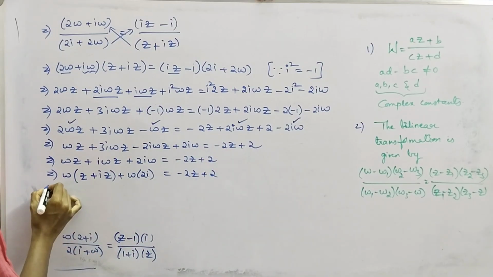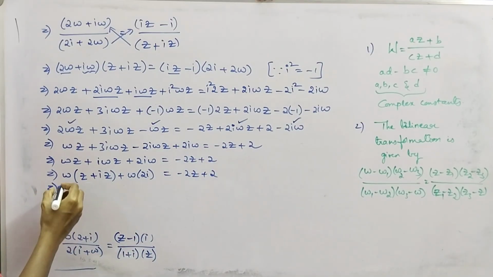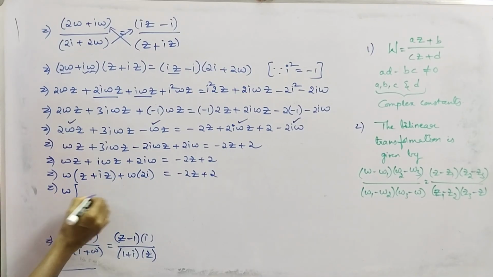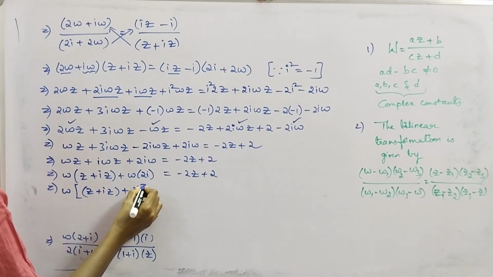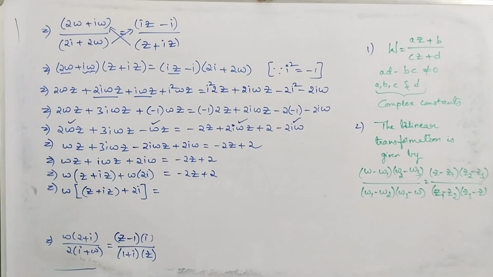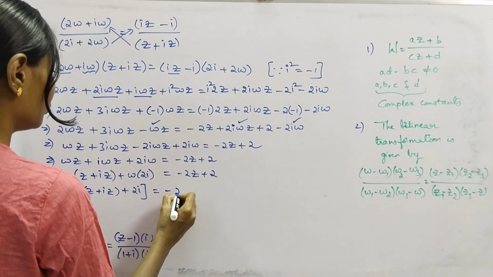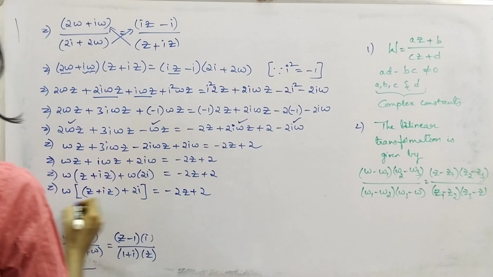Let it be. Now, you can again take omega common from these two terms, you'll get omega times z plus iz plus 2i equal to minus 2z plus 2. Right?